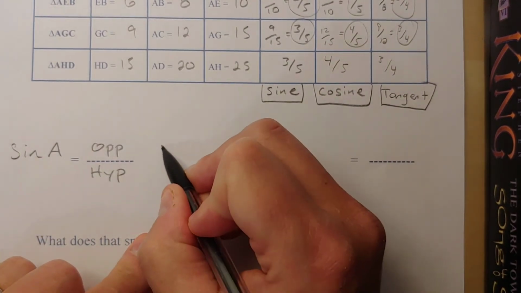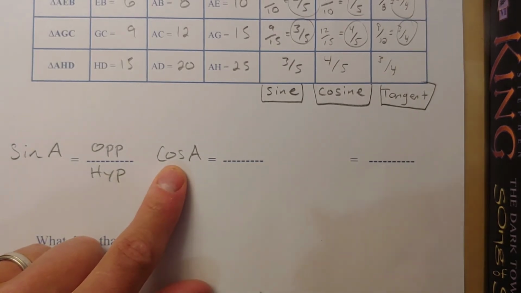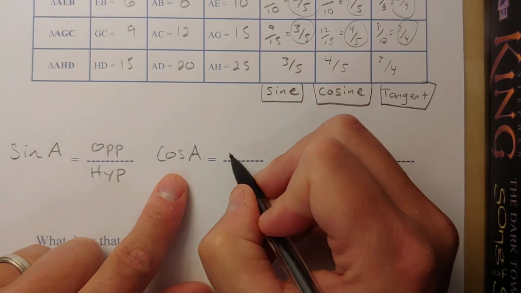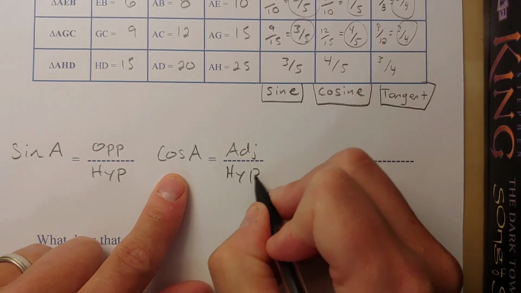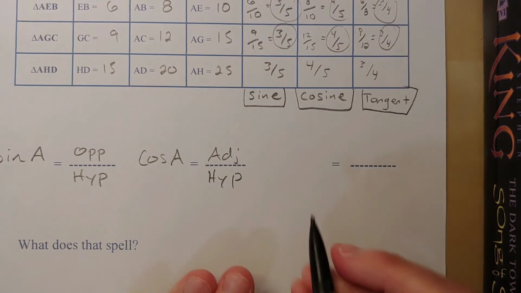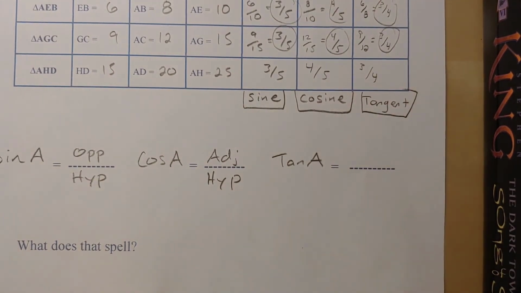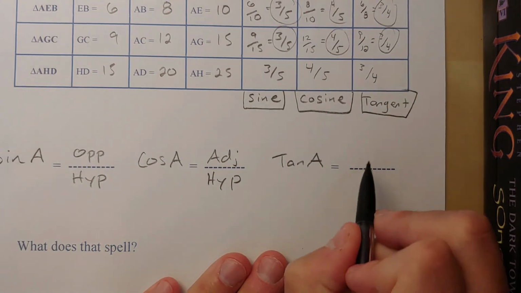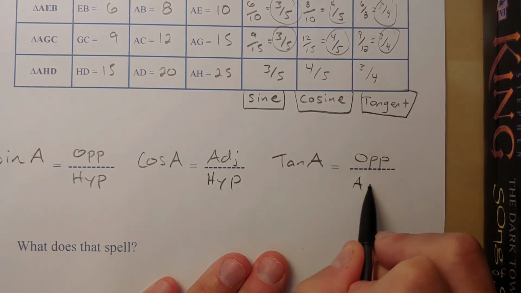And if I found the cosine of angle A, abbreviated COS, I would put the adjacent side over the hypotenuse. And if I found the tangent ratio at angle A, I would put the opposite side over the adjacent side.